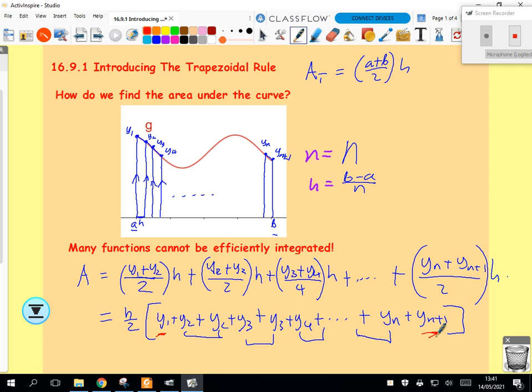And so actually, I could say that's h over 2 times the length of the first offset, y1, plus the length of the last offset, y sub n plus 1, plus, well, each of these is doubled, 2 times y sub 2 plus y sub 3, all the way up to y sub n.